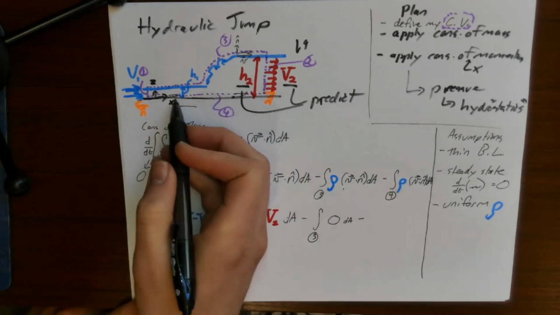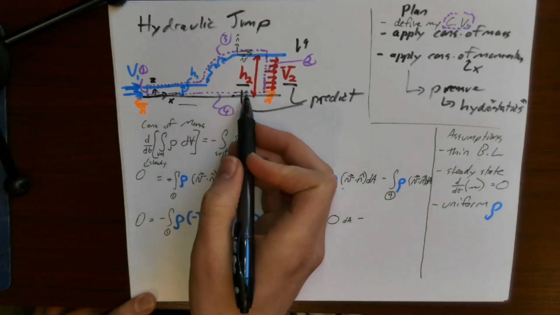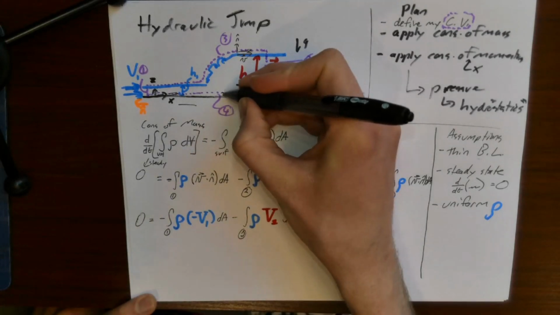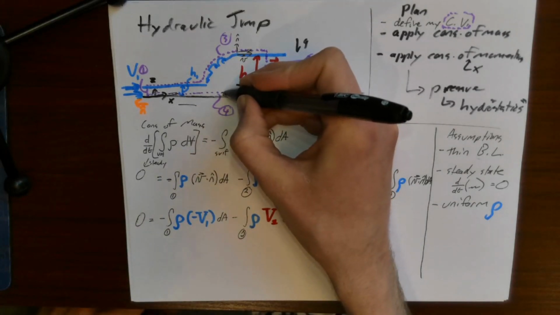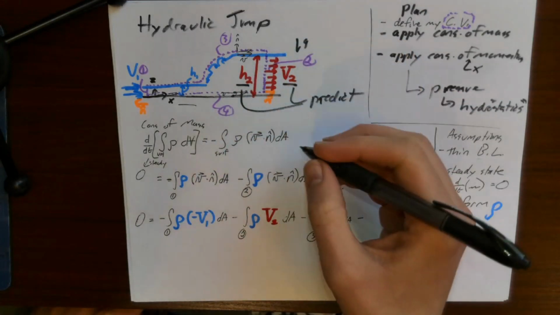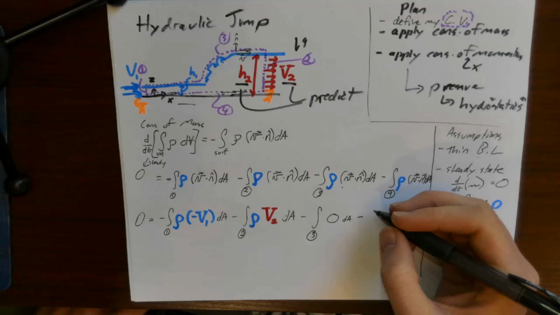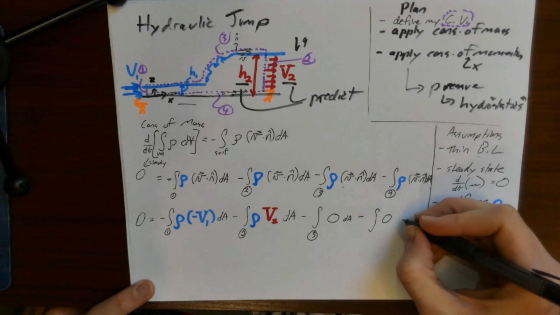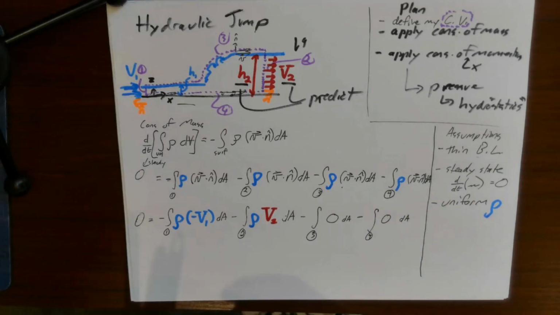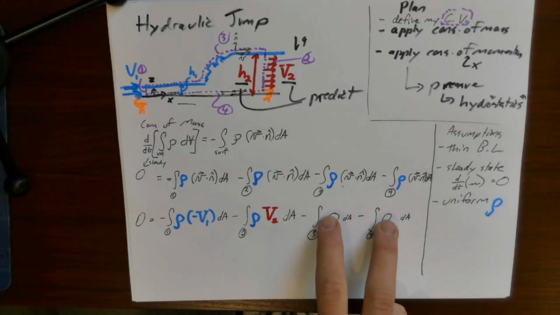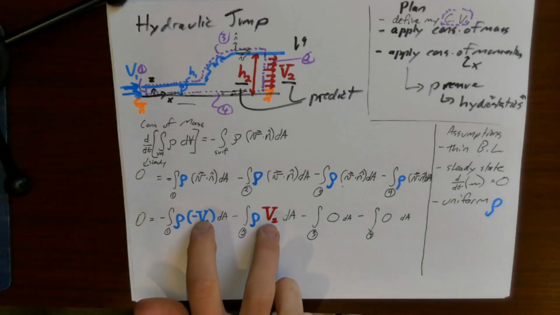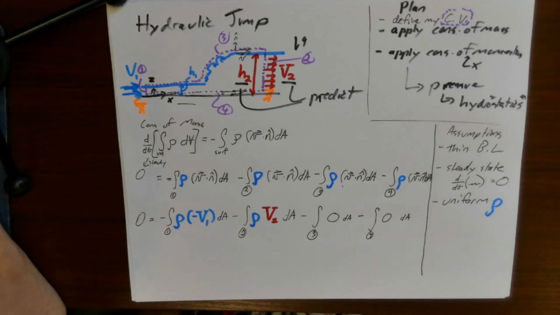And we can follow a similar argument for this bottom term right here. Velocity is basically going along the surface. We don't really have anything crossing the surface, because if we did, where would it go? It would go in the ground? No, that's not happening, right? So we can follow a similar argument for surface 4 as well. So what does this mean? These basically go away, and we have these left. All right, progress.